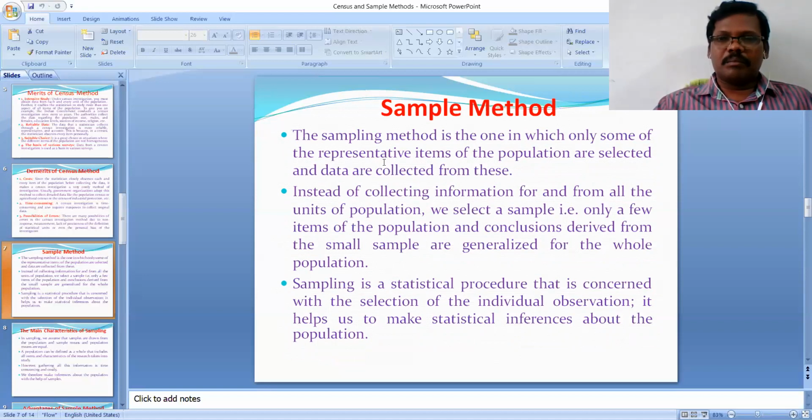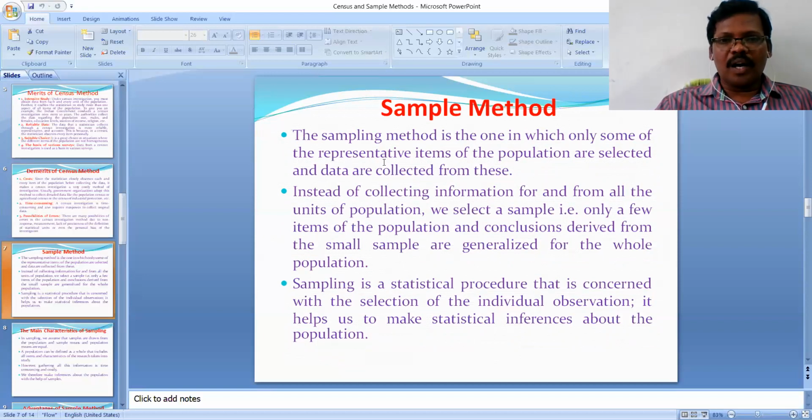Since there are more demerits in the census method, as I already told you, researchers mostly will not go for the census method. Of course, they will go only for the sampling method.